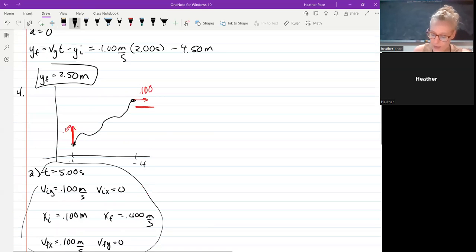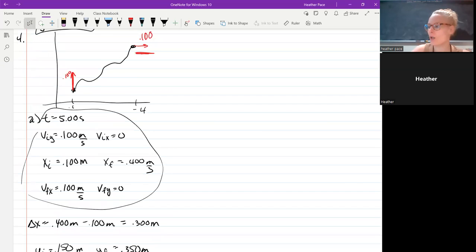All right, now number 4 gives us a little figure here of an ant moving in both the x and y direction. So let me just mark here where the ant is, 0.150 and 0.350. All right, so first question is, what is the displacement, which is delta x? We are given time is 5 seconds.